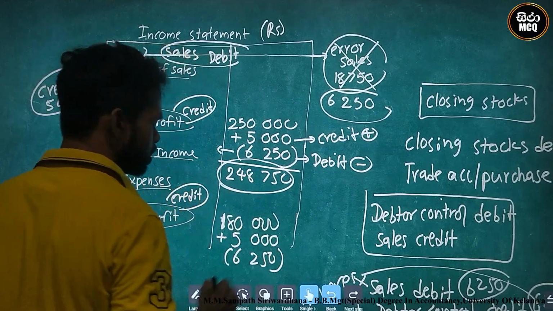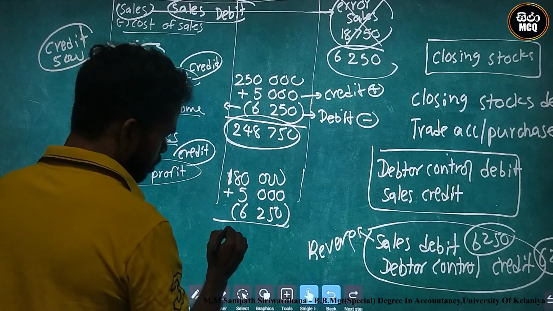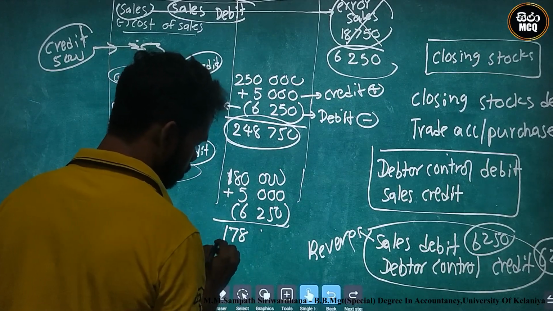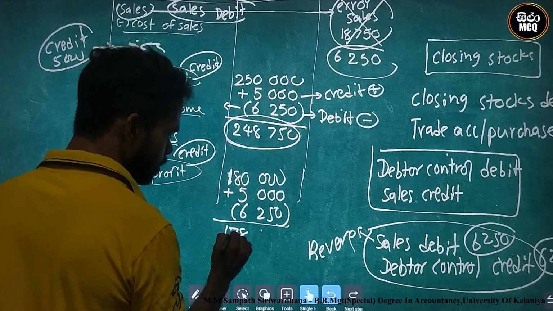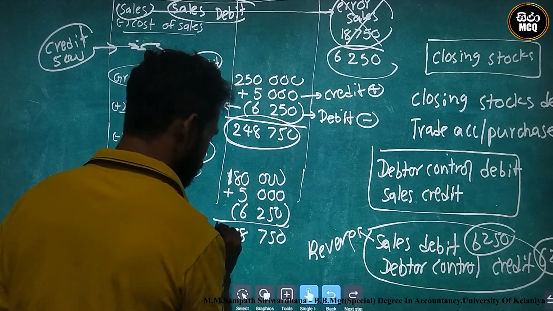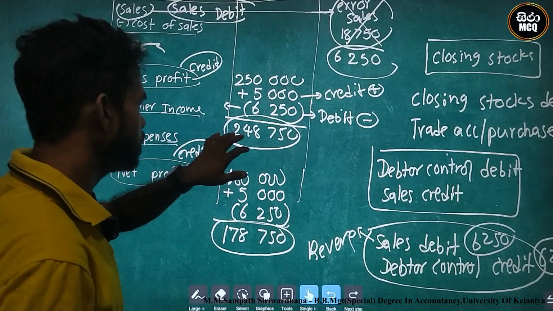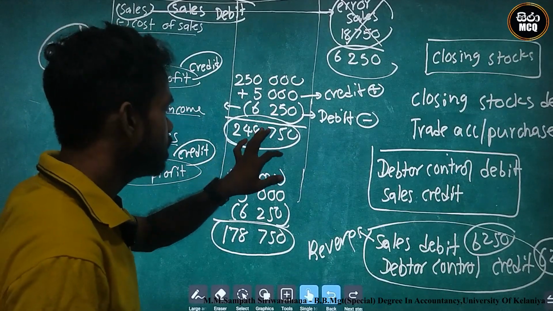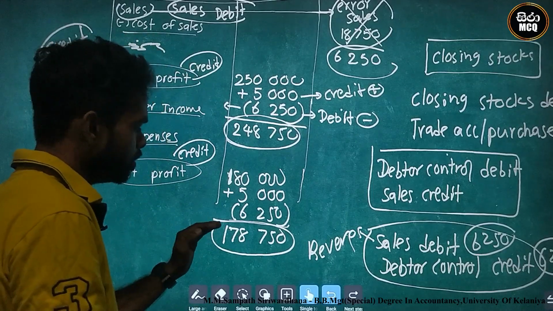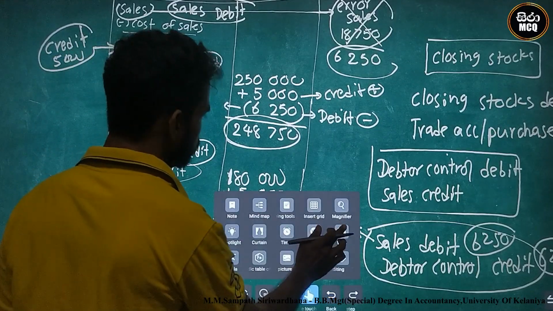This is the correct gross profit, and the correct net profit should be 178,750. This is the answer. The correct gross profit is 248,750, and the correct net profit was 178,750.